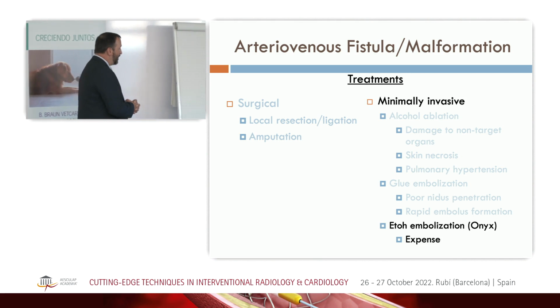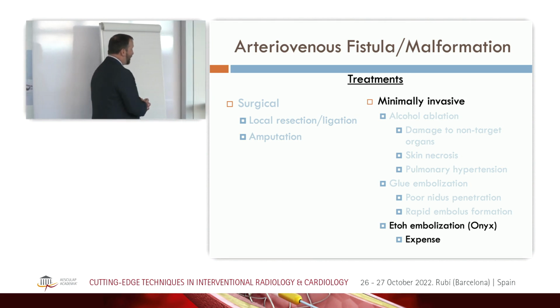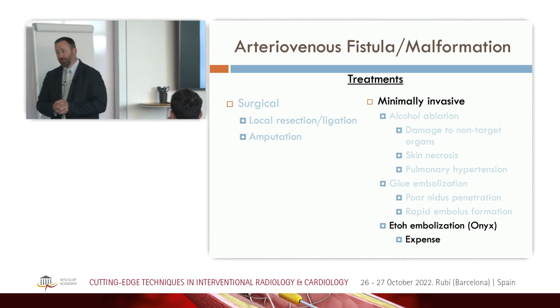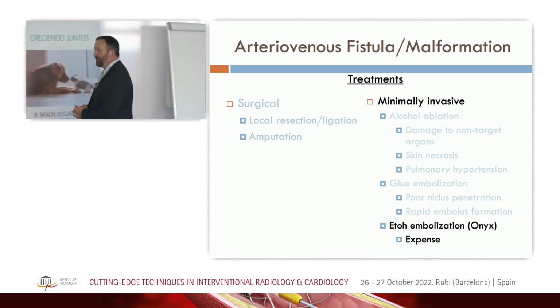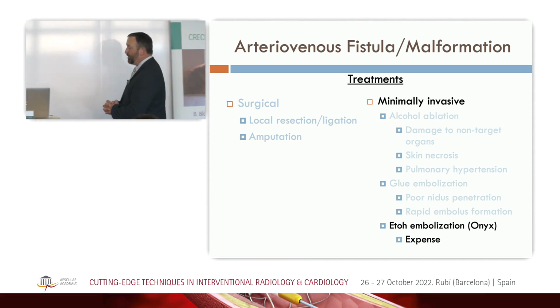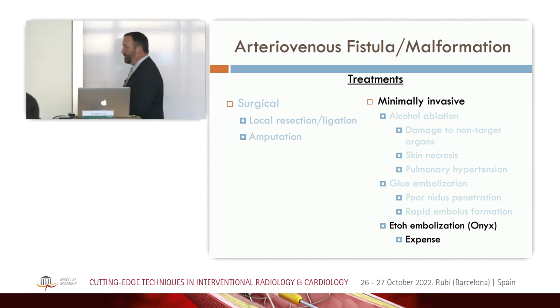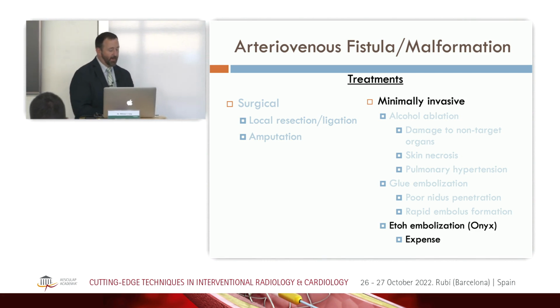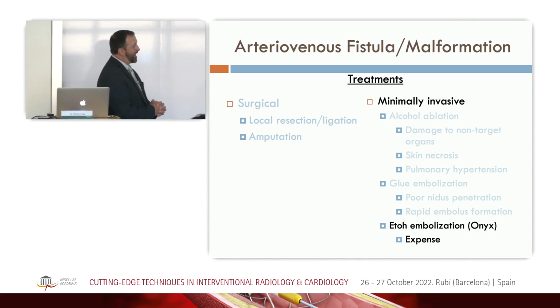Onyx is really cool and a really nice option. It's just super expensive. I've been lucky, I've had some contacts that have donated some to me, so I've been able to do a handful of Onyx cases, but it would be cost prohibitive for a lot of these cases. A lot of the Onyx, it's actually really hard to get now.